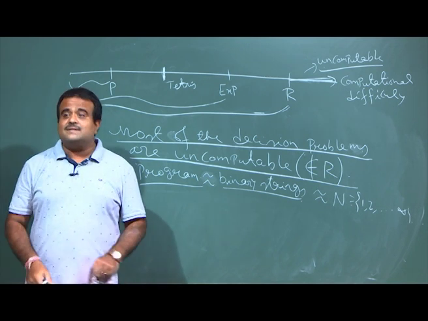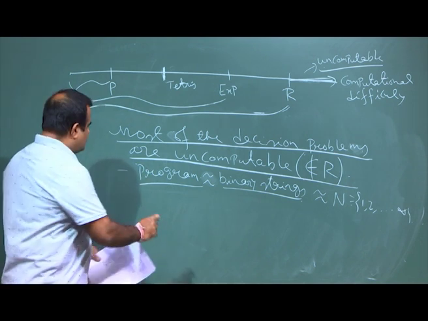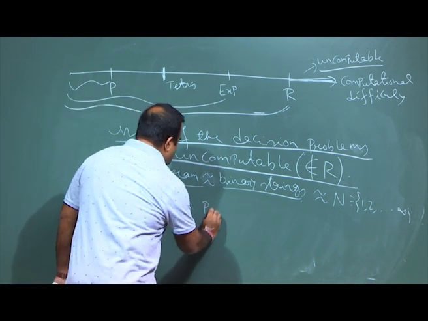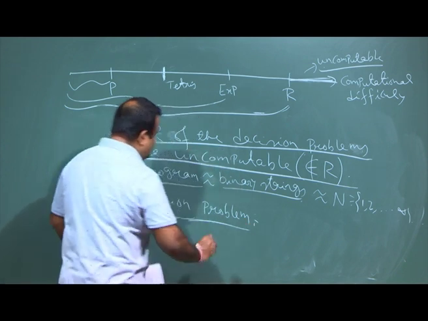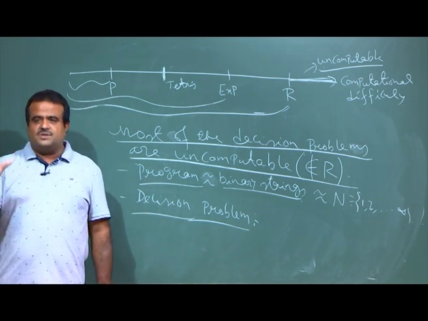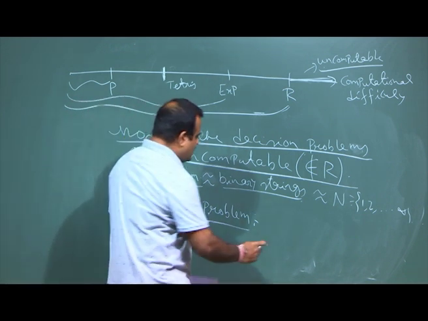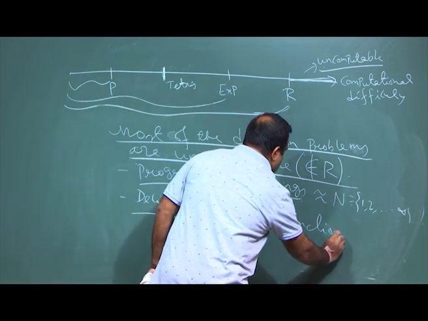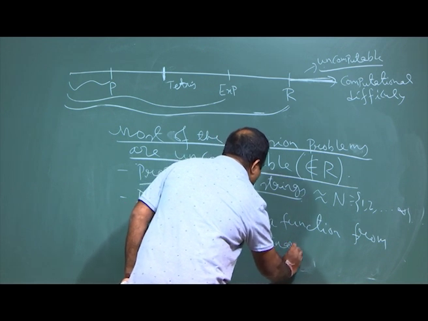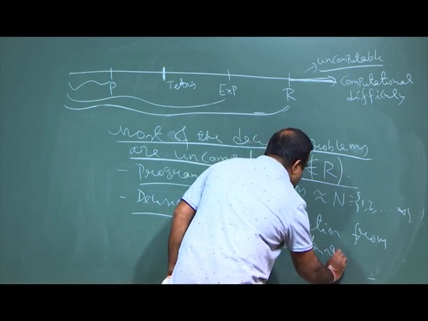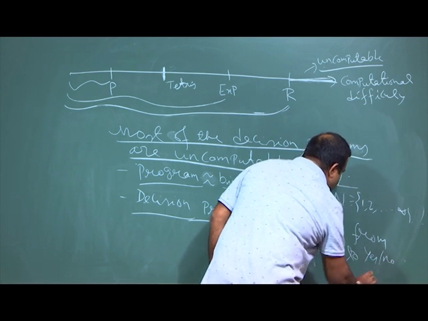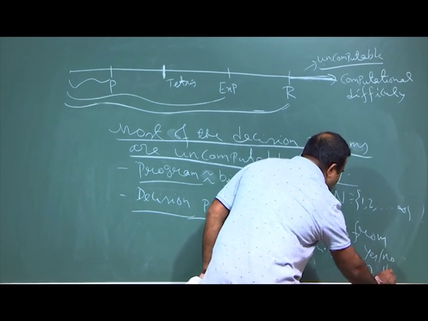Now, we would like to look at the decision problem. A decision problem is basically a function from a binary string to 0-1, because we have a problem and we have to say yes or no. So it is a function from a binary string to yes or no. That means 0 or 1; we can say yes is 0 or so, this is our convention.